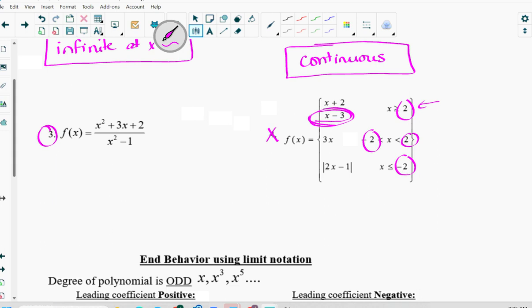Oh, that's okay. Nope. I gotta factor the numerator to figure that out, though. Okay, which one canceled? The hole, that positive one.